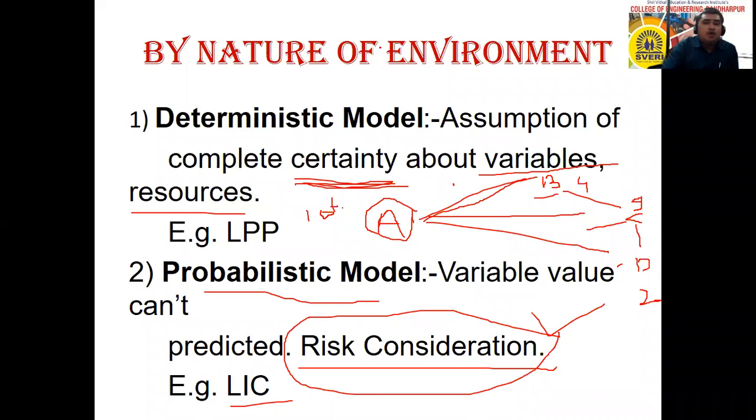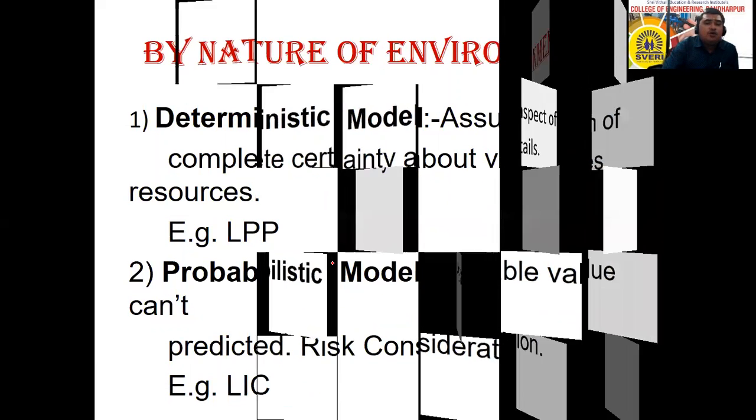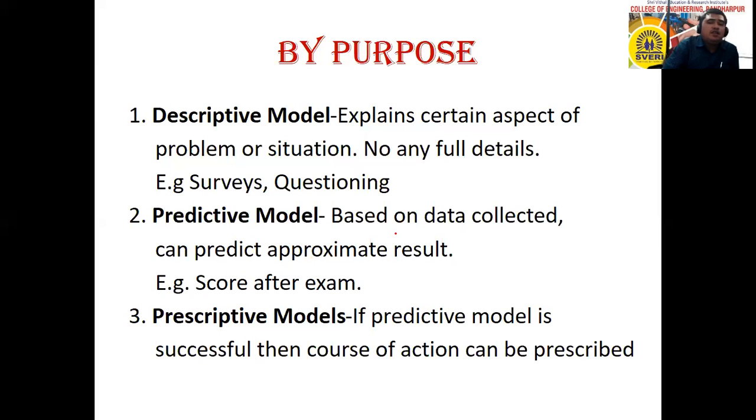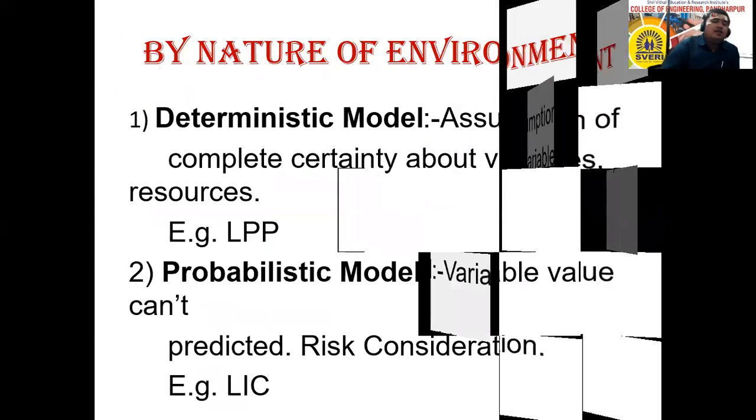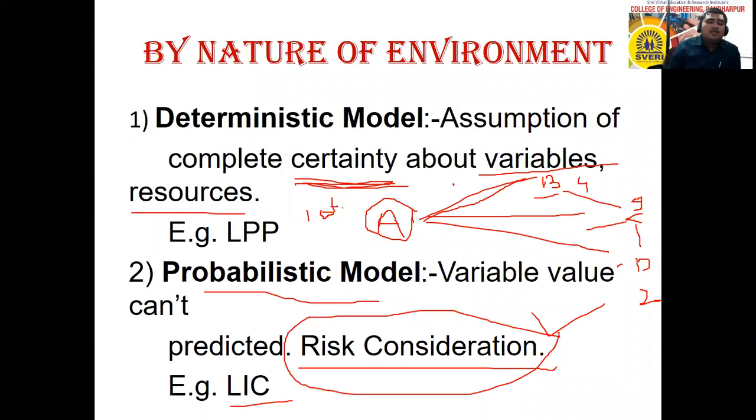Same LIC model, if we look at it, it can be shown in the first condition also, the predictive model. So what is written here: based on the data collected, it can predict the approximate results. Here in the probabilistic model, again risk consideration is there. So what data is collected in the first predictive model?